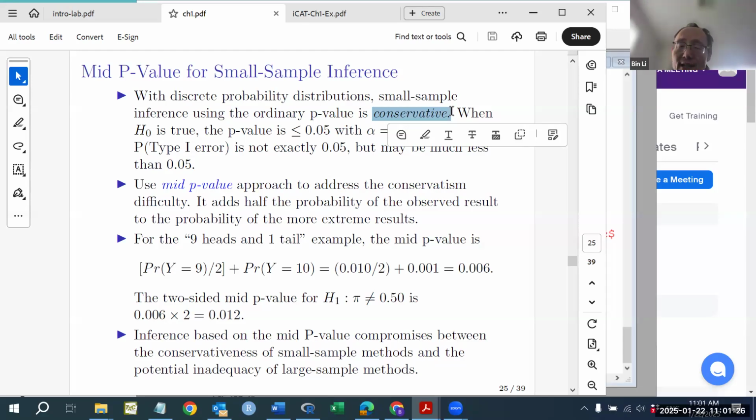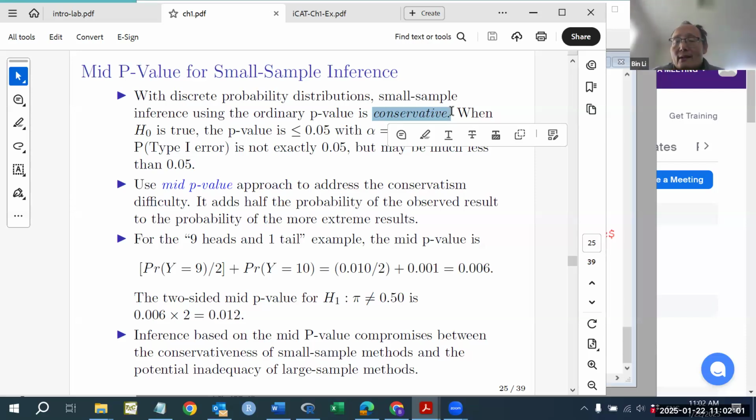You can hear, oh, this test is a conservative test, or this confidence interval is a conservative confidence interval, or this p-value is conservative. And the opposite of conservative is liberal. Oh, this test is liberal, the confidence interval is liberal, the p-value is liberal. What does that mean in statistics? You should know that, okay?